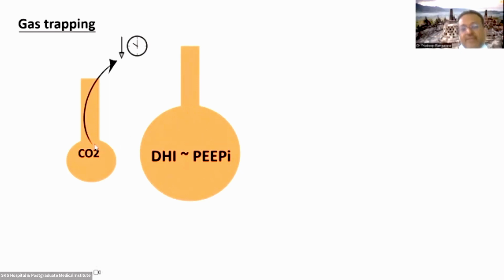Because it gets trapped, the alveoli gets bloated, which we call dynamic hyperinflation. As the name sounds, the alveoli gets bloated because there is not enough time for this carbon dioxide to come out, and because the elastic recoil properties of this airway are lost. Because there is bloating, the pressure within the alveoli increases, which we call intrinsic PEEP.